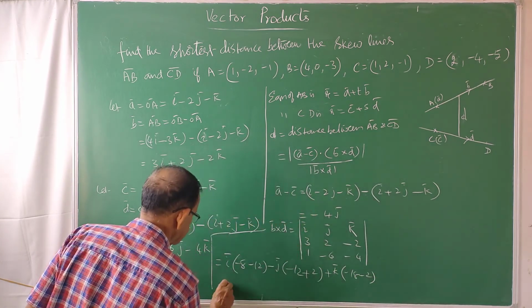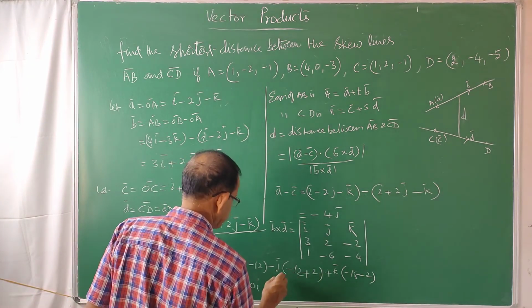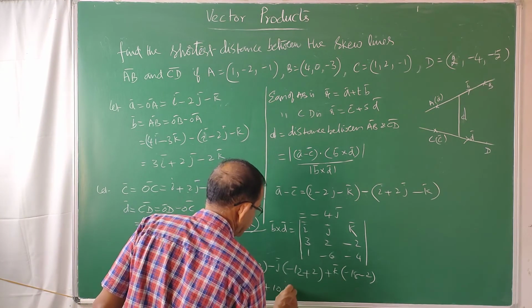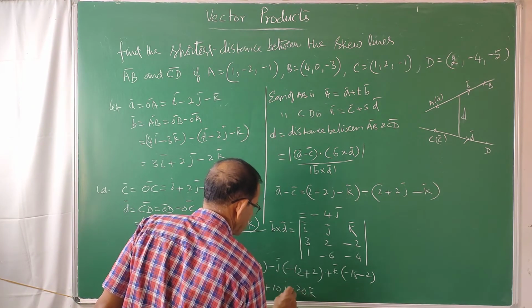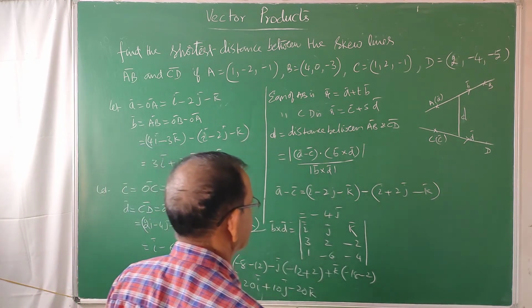So this is minus 20 I bar plus 10 j bar minus 20 k bar. This is B cross D.